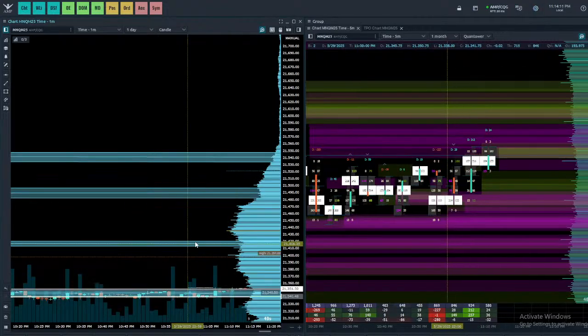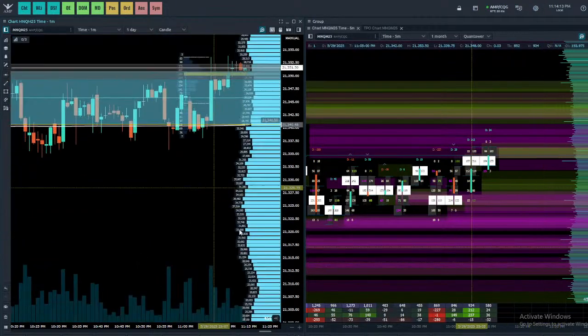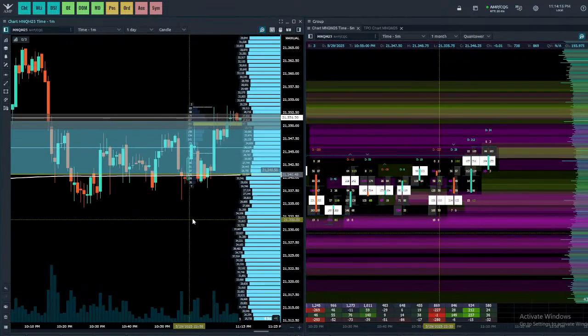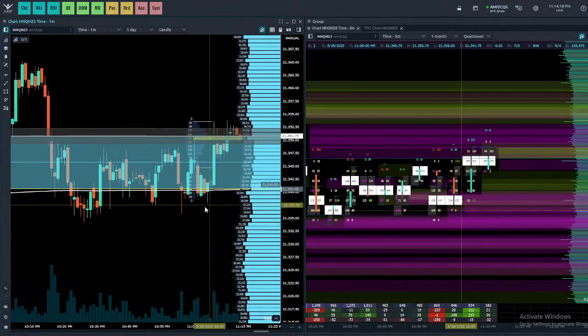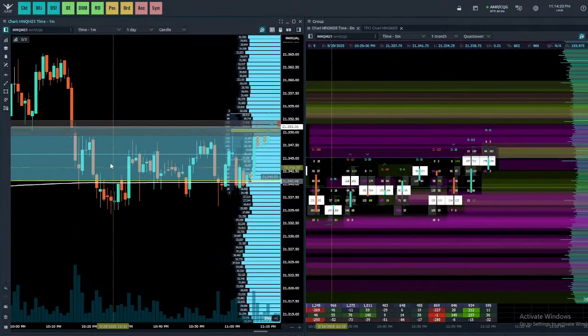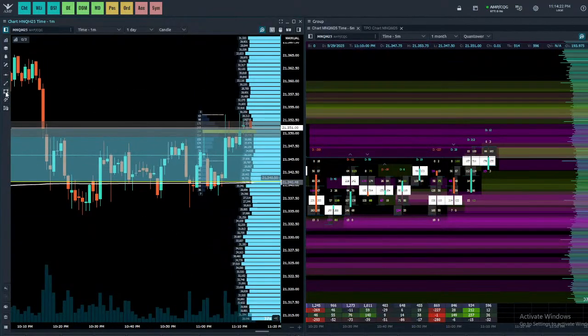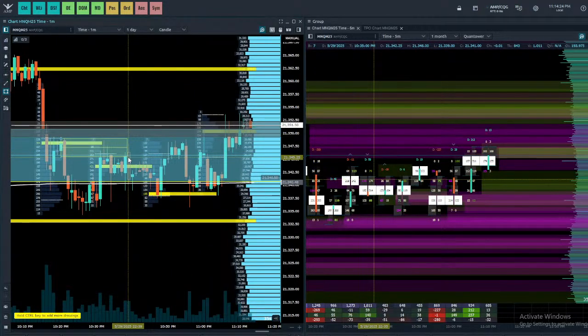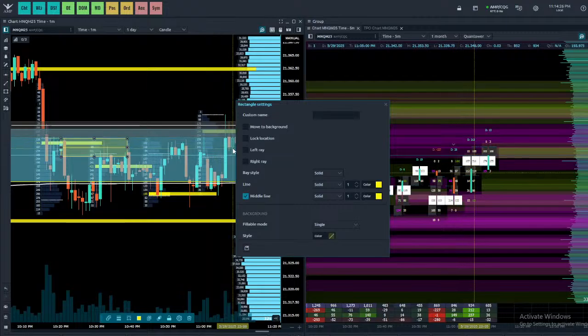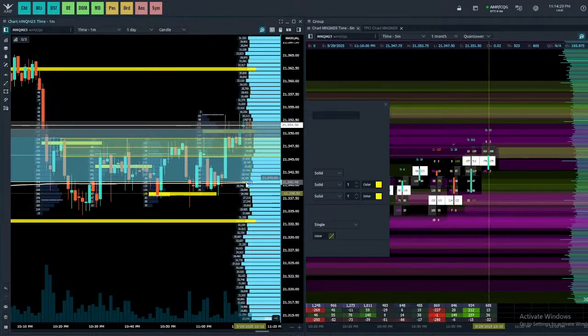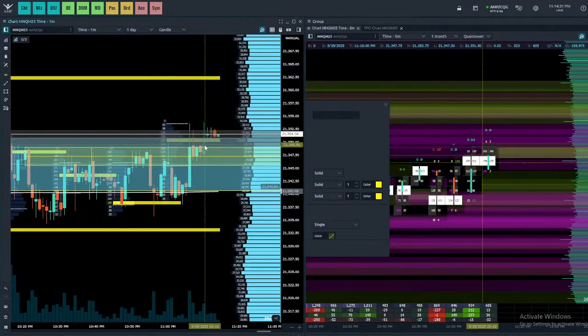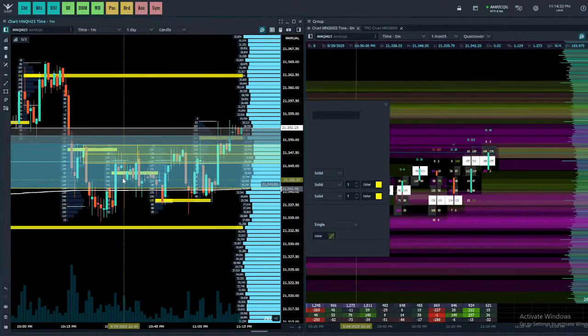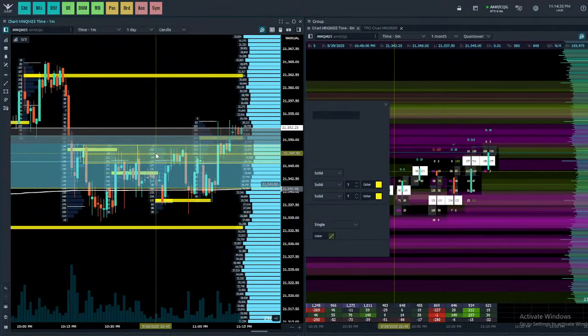You need the second body to close above to confirm. Yeah, above that order block. Oh, you're talking about this order block right here? Yes. Okay. Yeah.